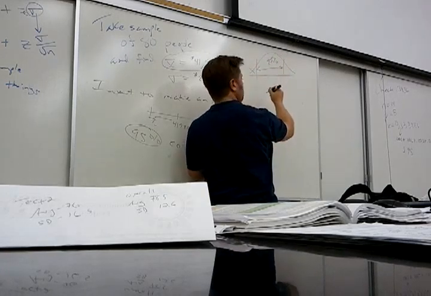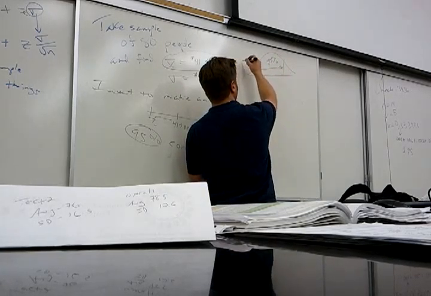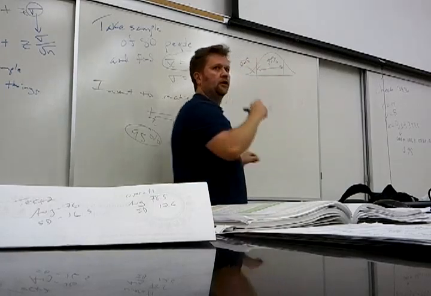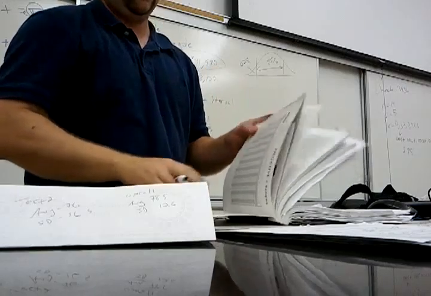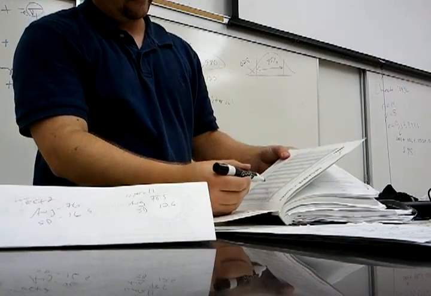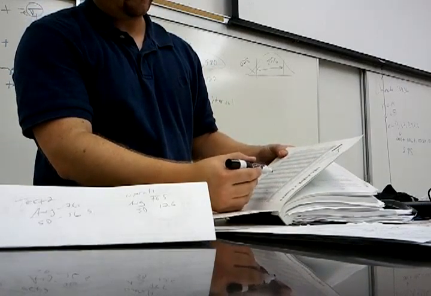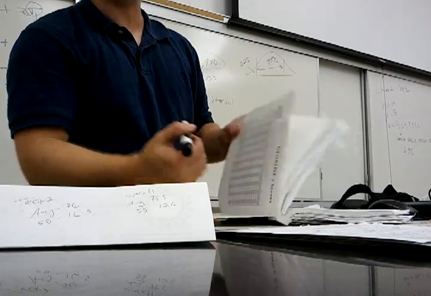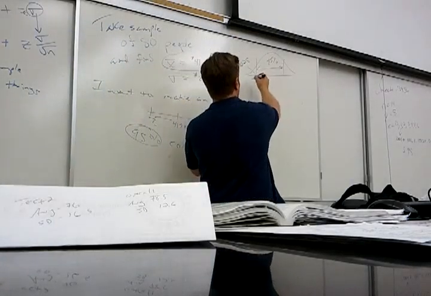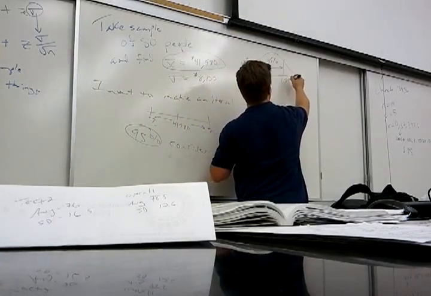How much is in the tail then? 0.025. If you look up 0.025 in the chart, you'll get negative 1.96. So it's 1.96 down and 1.96 up.